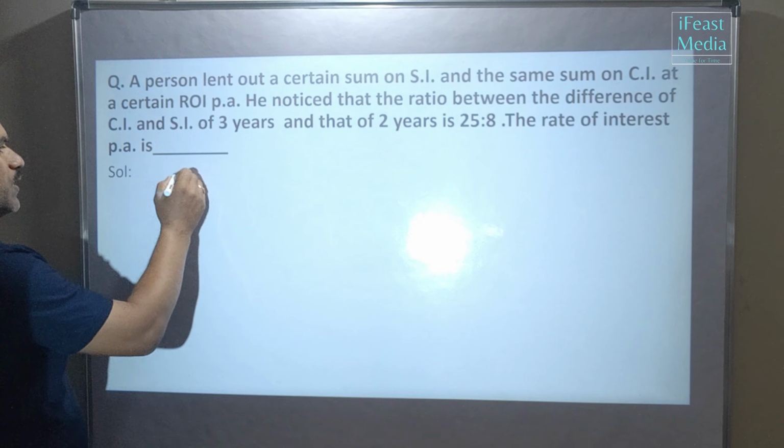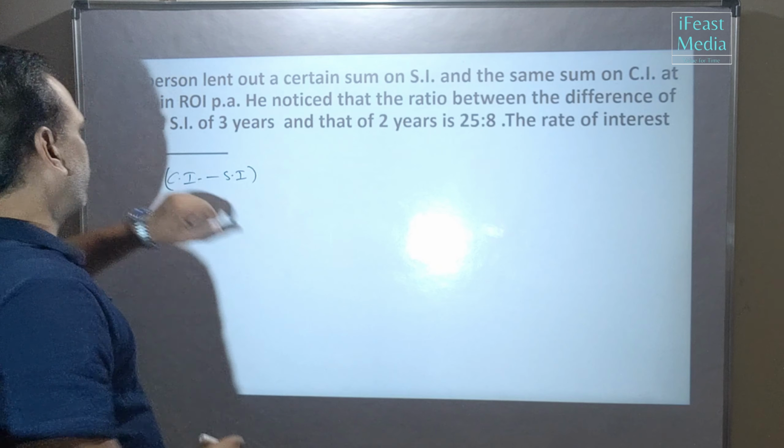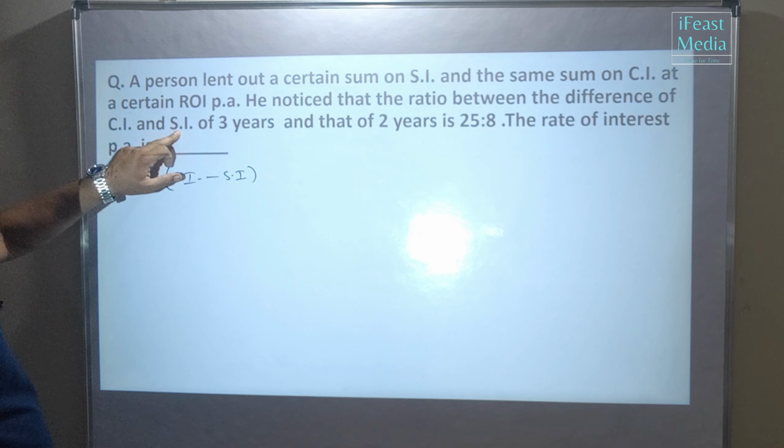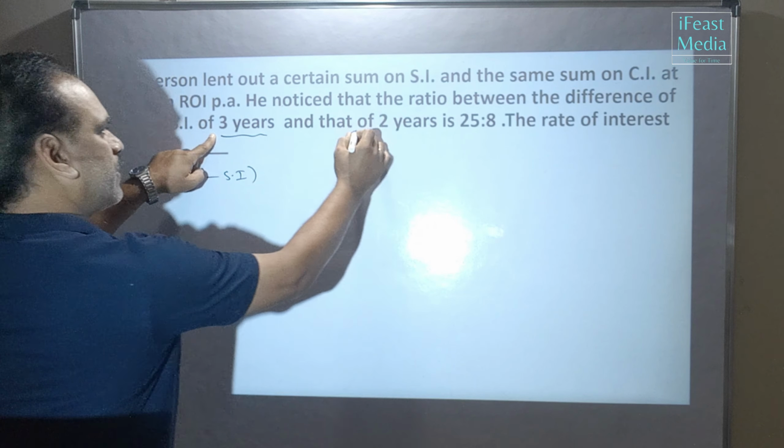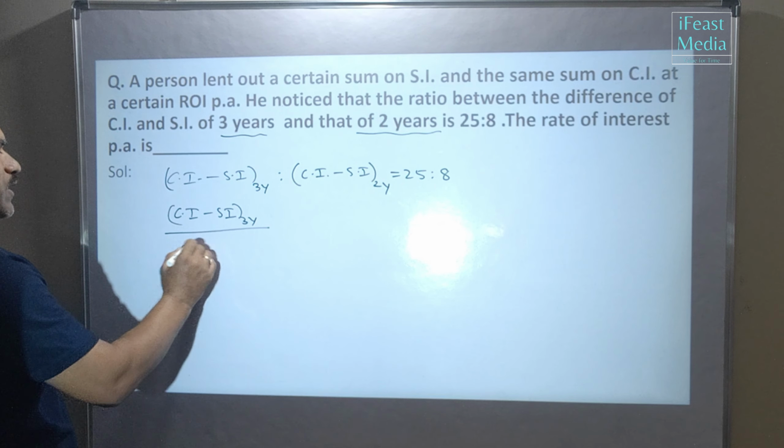Difference between compound interest and simple interest for 3 years, in ratio with the difference between compound interest and simple interest for 2 years, is given as 25:8. So compound interest minus simple interest for 3 years by compound interest minus simple interest for 2 years is 25/8.